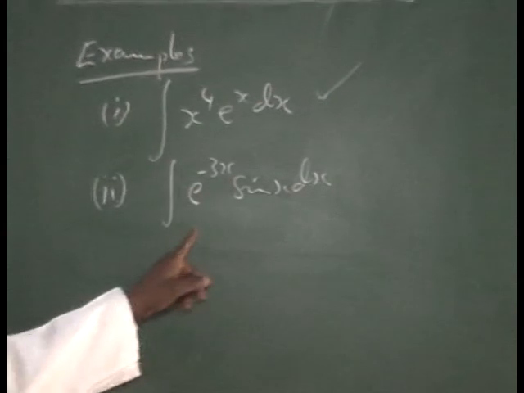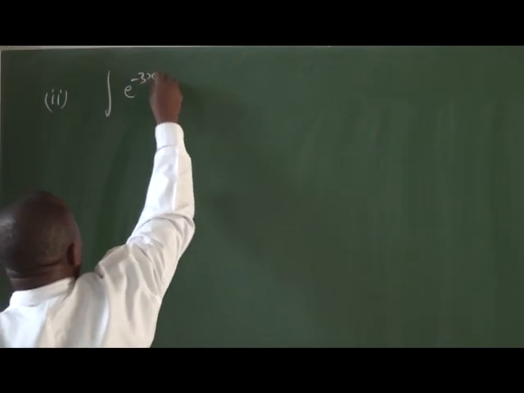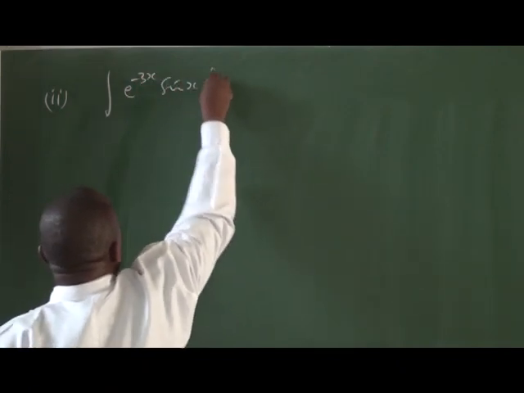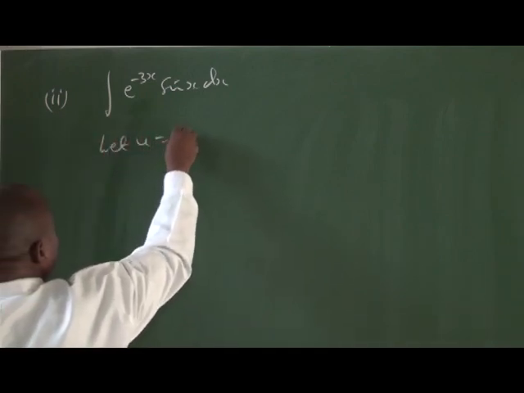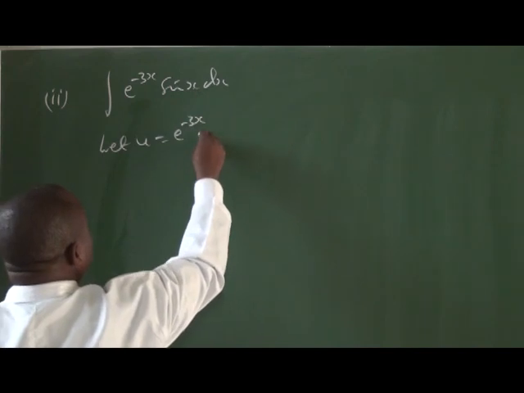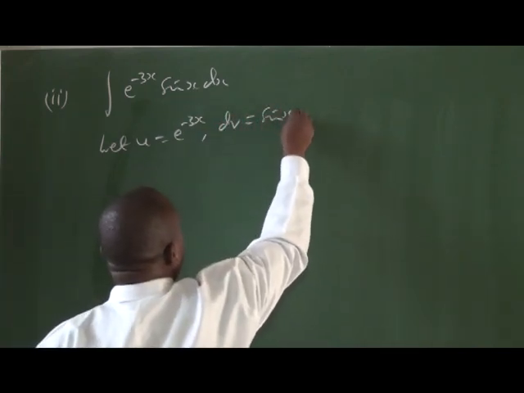So let's pick example 2. We are asked to evaluate the integral of exponential minus 3x sine x dx. So we'll let u equal exponential minus 3x. Then dv is sine x.